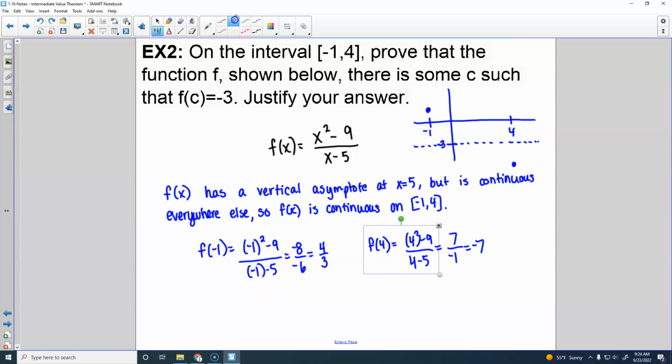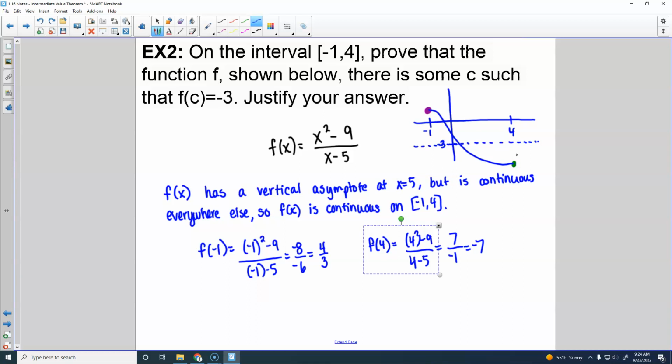And so the intermediate value theorem tells me that if I'm going from up here to down here, and my function is continuous, at least once I've got to cross that dotted line at -3, right? I have to have a y value of -3. It might happen more than once, but it definitely has to happen at least once.